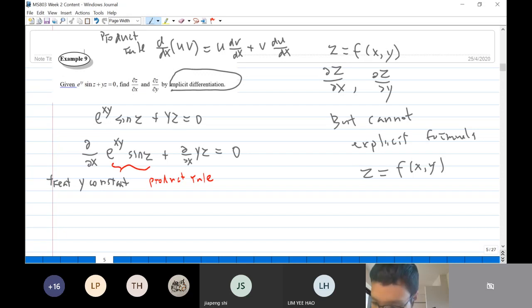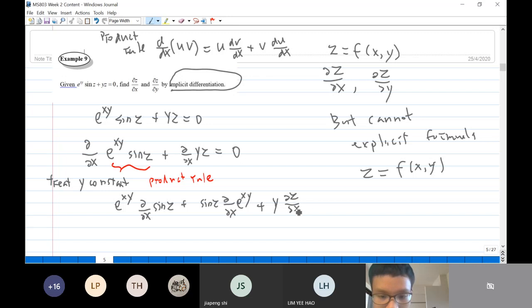So using the product rule now, you keep the first term e to the xy and differentiate the second term, sin z. Then keep the second term and differentiate the first term, e to the xy, with respect to x. Because y is fixed, y is a constant, so you pull it out and only differentiate with respect to x.